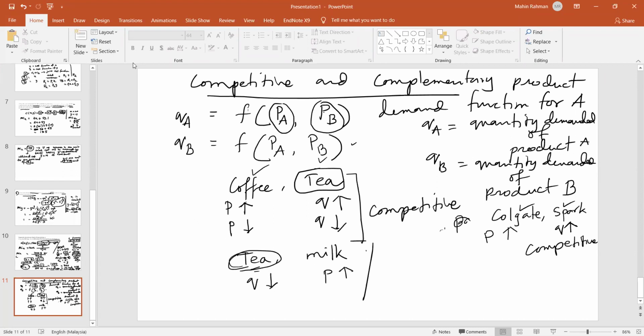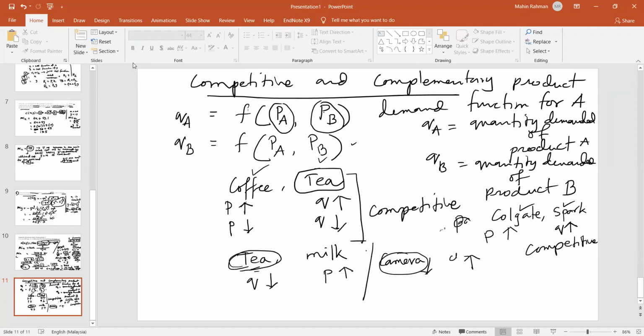Or suppose, for a camera, you need, maybe nowadays, chips or a pen drive. For the camera, they need chips or something, right? If that price goes up, then the demand for cameras goes down.